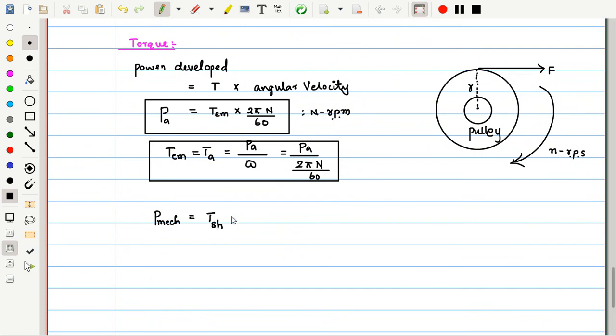So this is TSH into 2 pi n by 60. You can use even this expression also sometimes to calculate things. So remember one thing, that this shaft torque is the gross torque or the final torque on the armature.